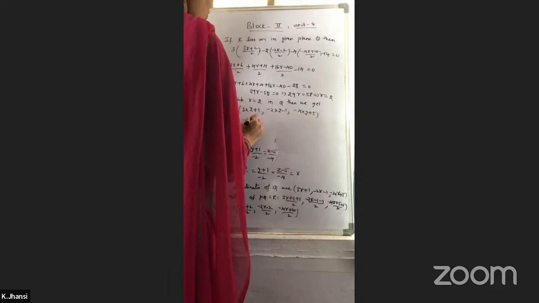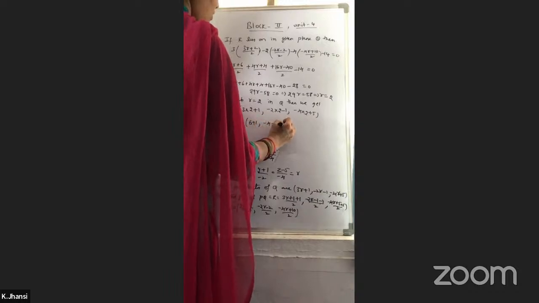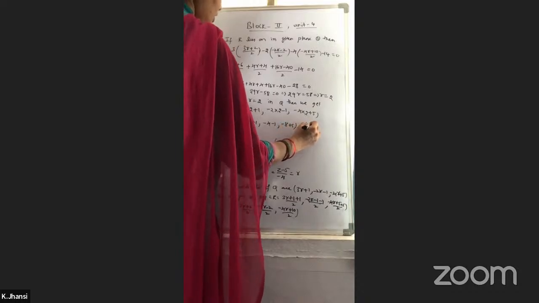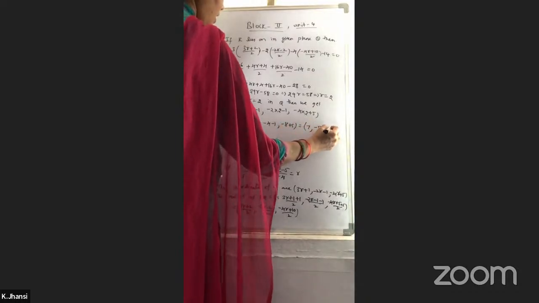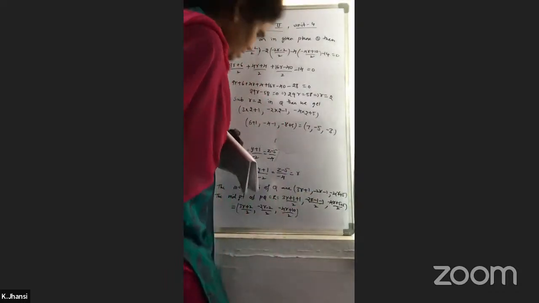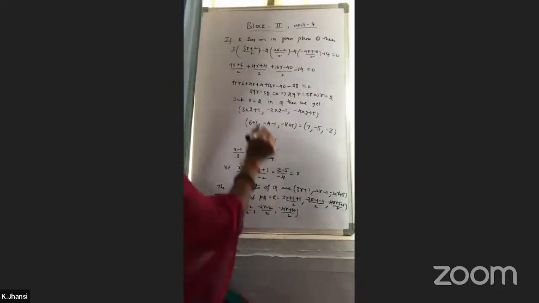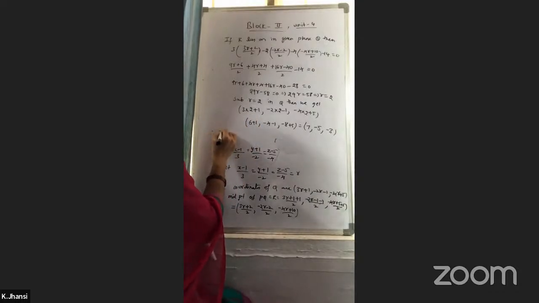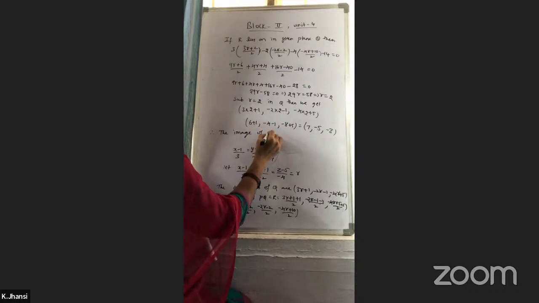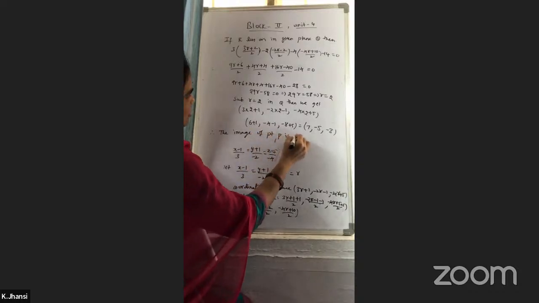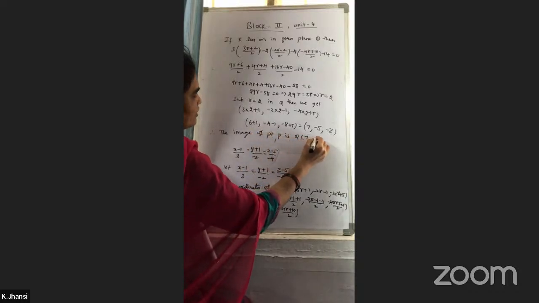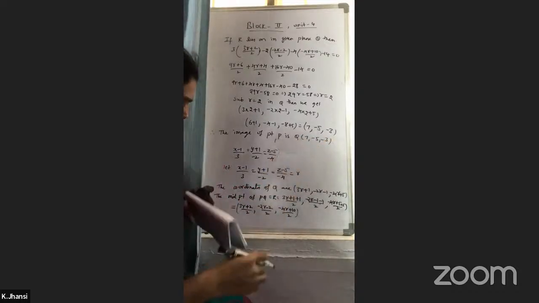So 6 plus 1, minus 4 minus 1, minus 8 plus 5. So this is 7, minus 5, minus 3. Therefore the image of point P is Q, which is 7, minus 5, minus 3.